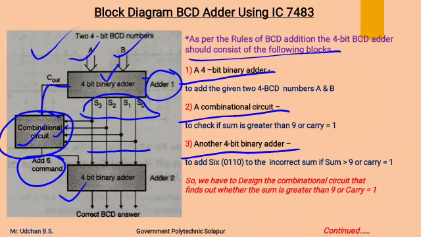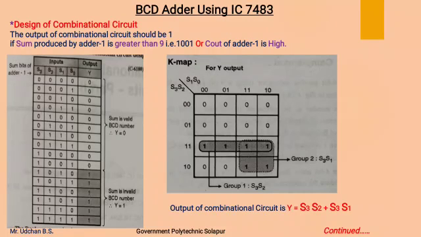Another 4-bit binary adder we require, that is this one, to add a 6 to the incorrect sum, which I already told. So we have to design a combinational circuit that finds out whether the sum is greater than 9 or the carry is 1. In both these cases, our sum is going to be invalid, so we have to check for that.